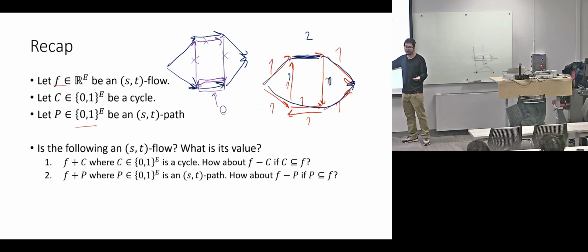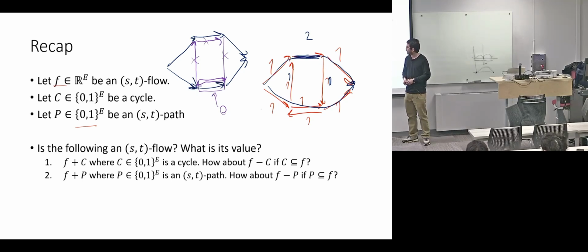Capacity constraint is true because you just subtract things from the flow. You only reduce. Flow conservation is true as well because you subtract a path whose in and out values are the same at every node except at S and T.